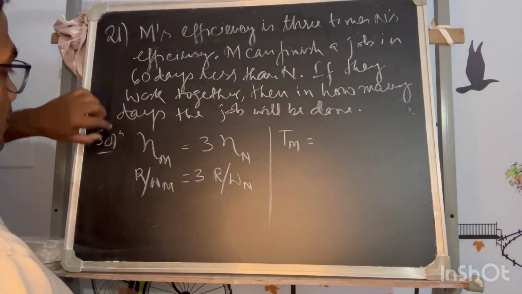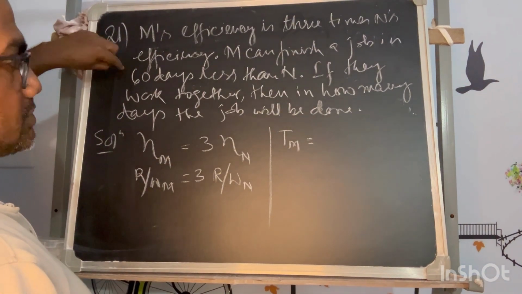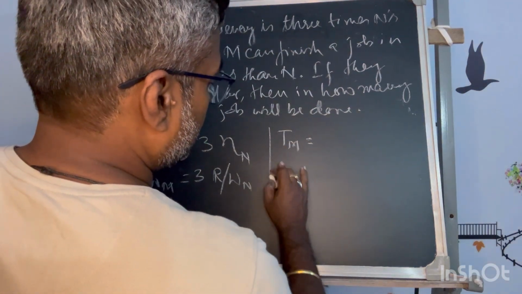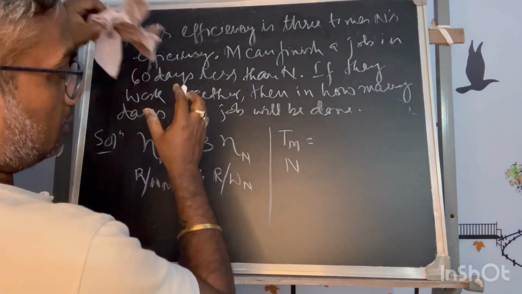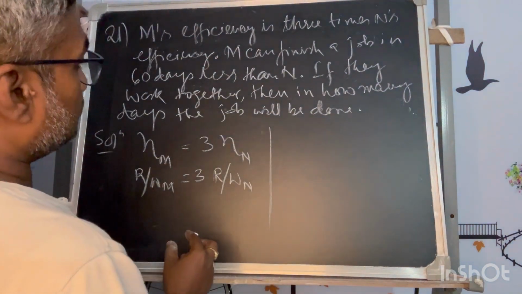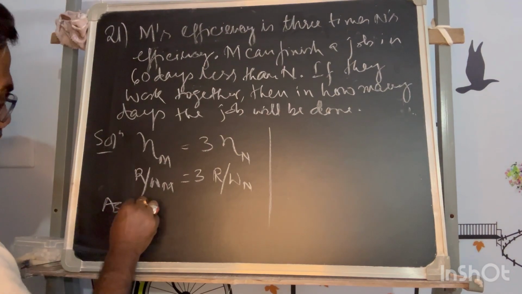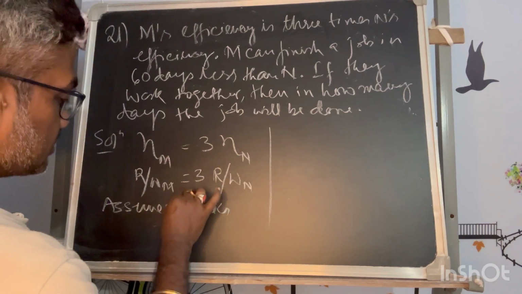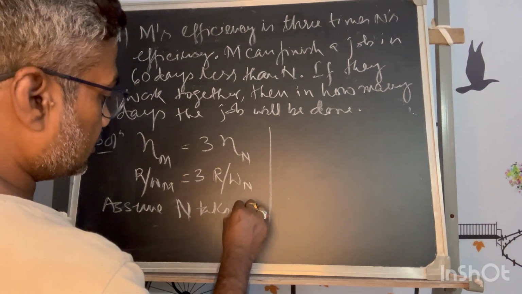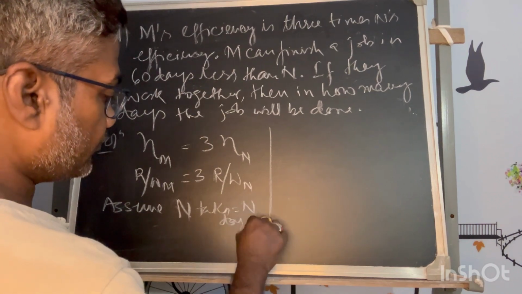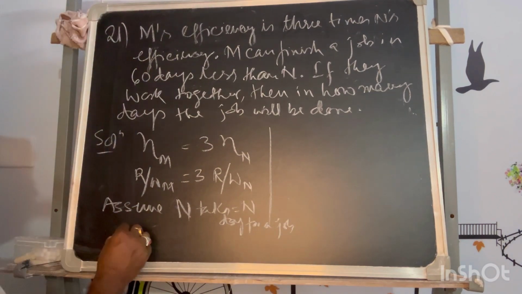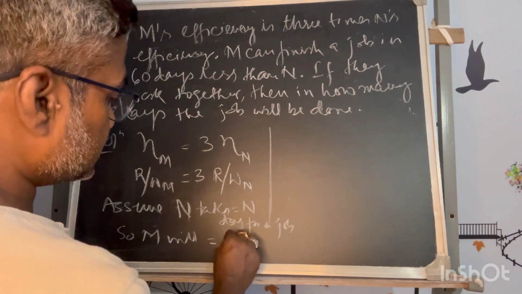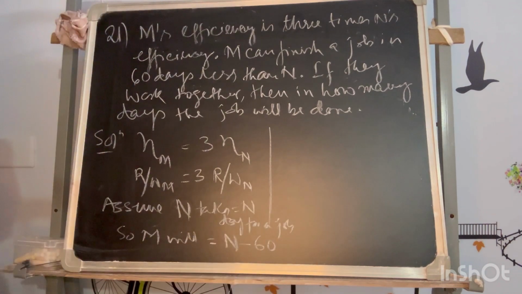Let me take their number of days. If I assume N takes N days for a job, because N is the reference point, then M will take how much? 60 days less than what N takes.